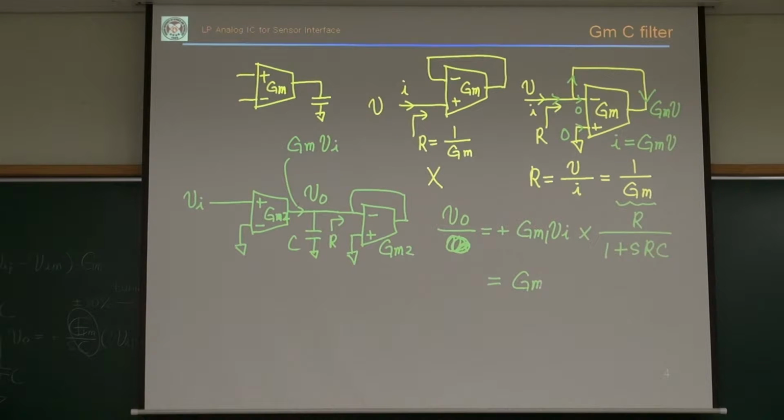So this is GM1 VI times 1 over GM2 over 1 plus SC over GM2. So this is GM1 over GM2 times 1 plus SC over GM2. So it is a low pass filter.